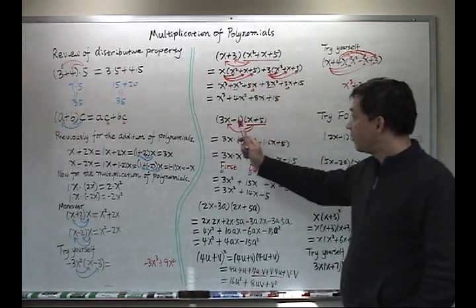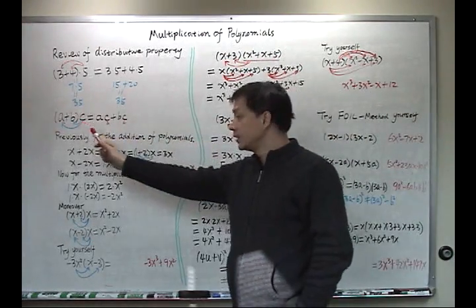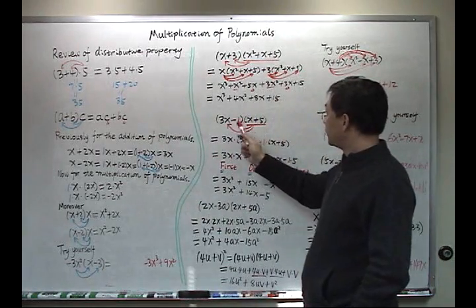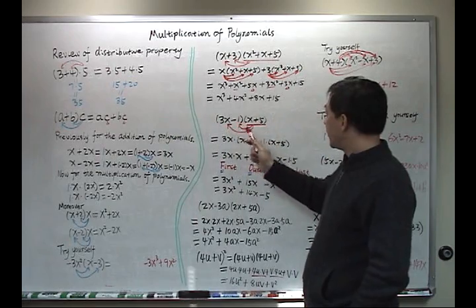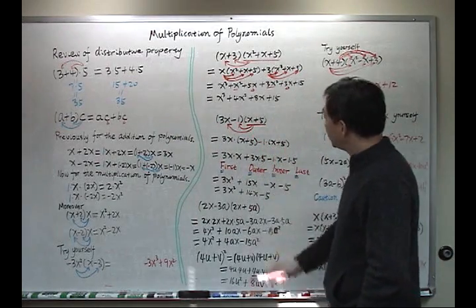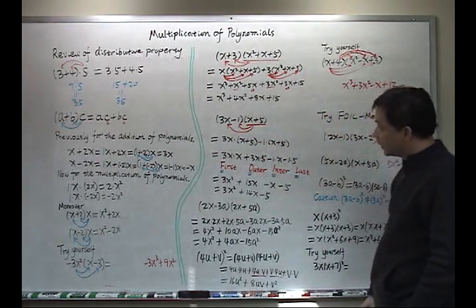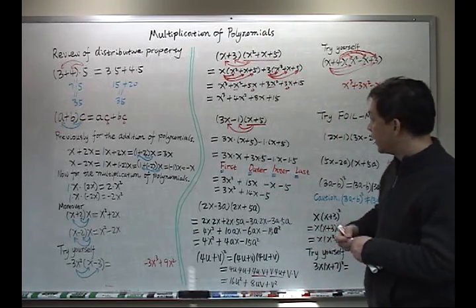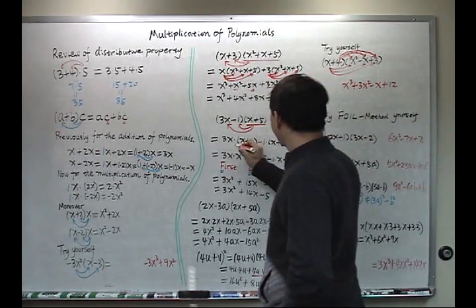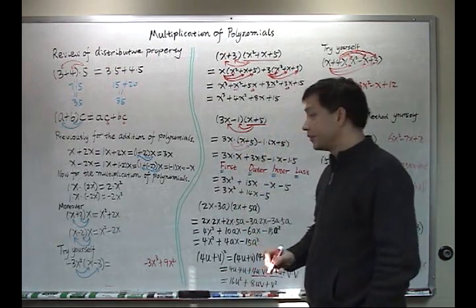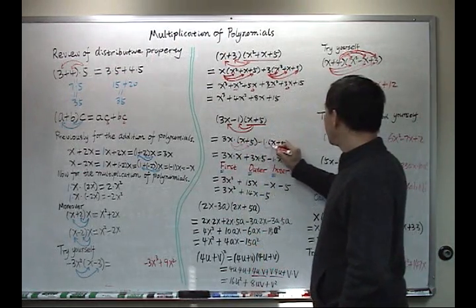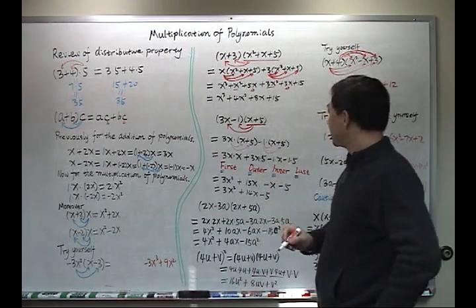So x plus 5 is like our c right here. x plus 5 goes to each term: 3x, and (x plus 5) times negative 1 right here. And then, again by the distributive property, 3x times x, 3x times 5, negative 1 times x, negative 1 times 5.